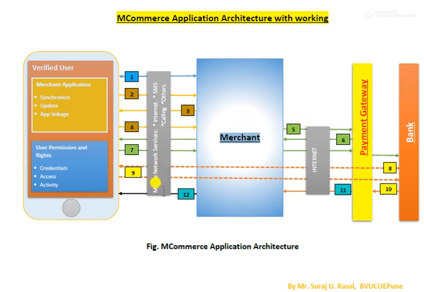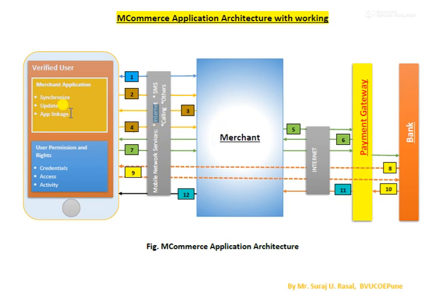Here also I have already explained that the end user and merchant are connected through the mobile network. The mobile network may include a list of services like internet, SMS, calling, and so on.